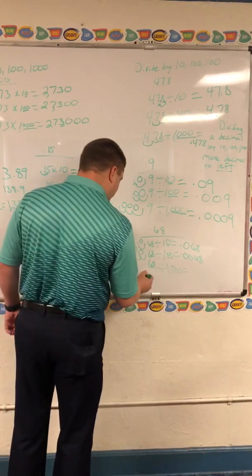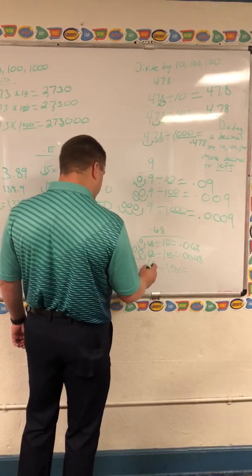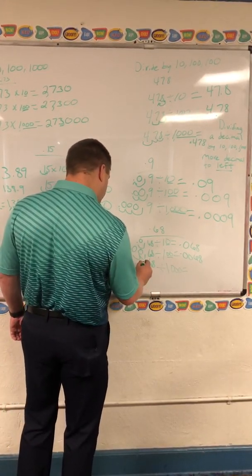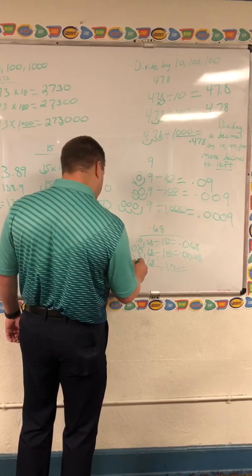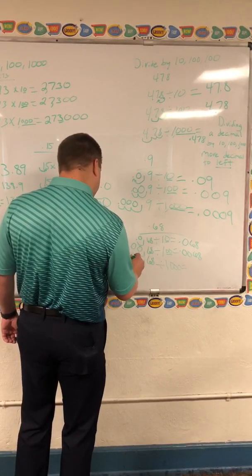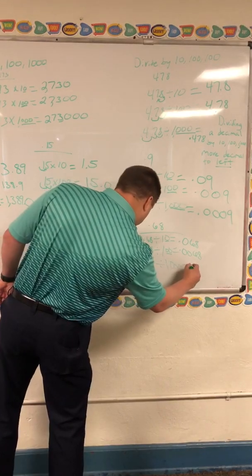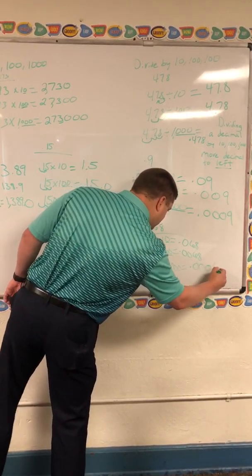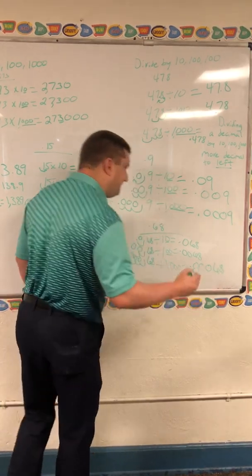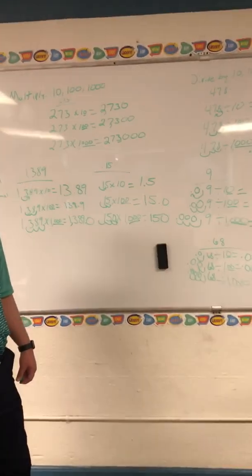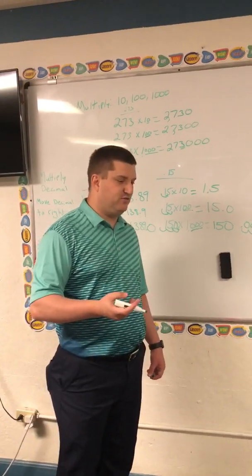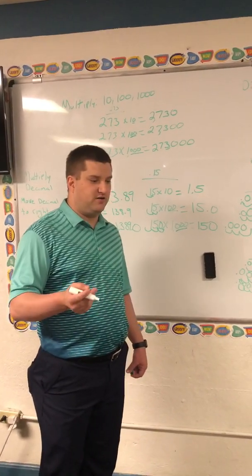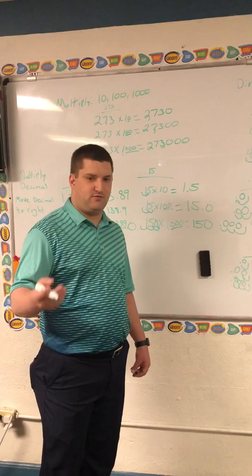And because this is 1,000, you got to go 3 times. So 0.68 divided by 1,000, there's 1, there's 2, and then 3. Your answer equals 0.00068. These are examples of how you do day 4 in your Unit 3 math.